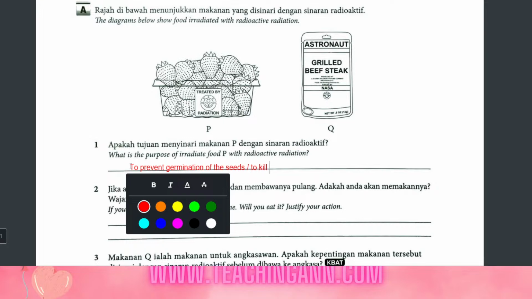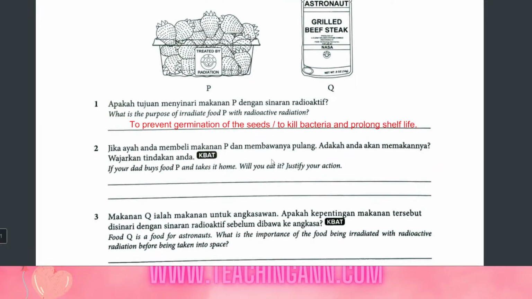Kill bacteria and prolong the shelf life. You know what shelf life is, right? It means the lifespan of the food product.